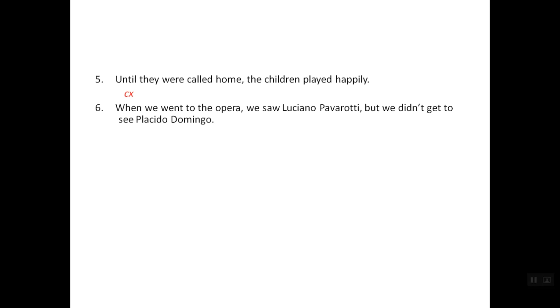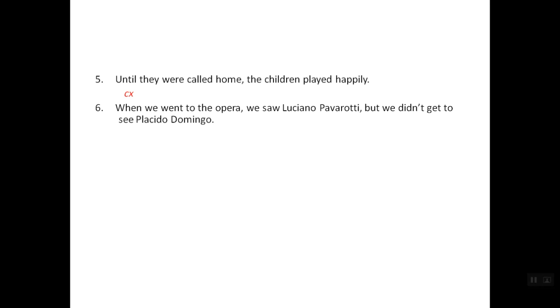Focus please. We saw Luciano. Say it alone. Is it dependent or independent? It is independent. Pay attention here. We have but, a coordinating conjunction. It's preceded by a comma, right?